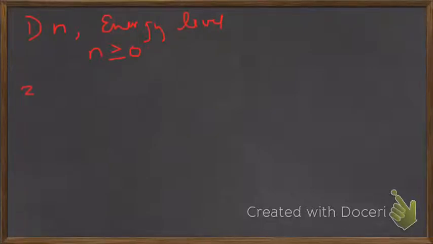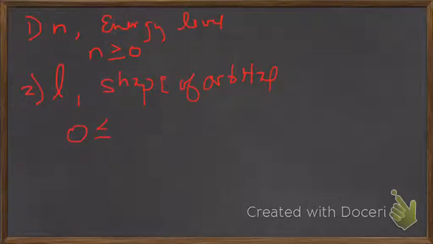The second one was the angular momentum quantum number, and it has a lowercase l as its symbol. It tells you the shape of the orbital. The possible values for l go from 0 to n minus 1.